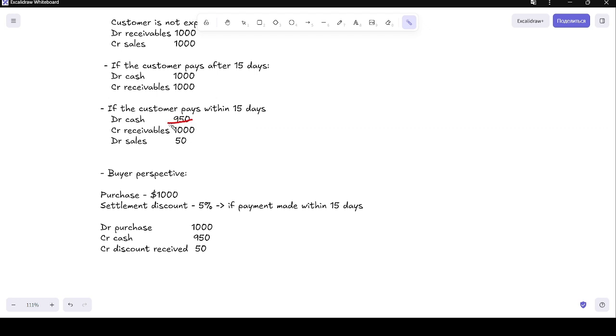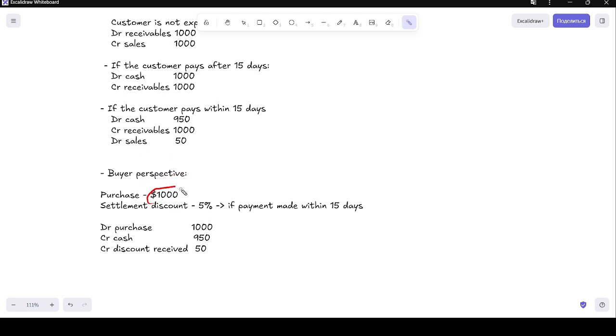In this case, you will receive $950, right? And you have written 1,000 receivables. You will reduce the receivables to nil by $1,000. In this case, you are making lower sales, and you will reduce your sales by also 50% difference. If it is understandable, we will go through with the buyer perspective.